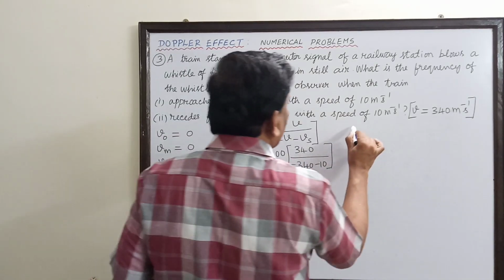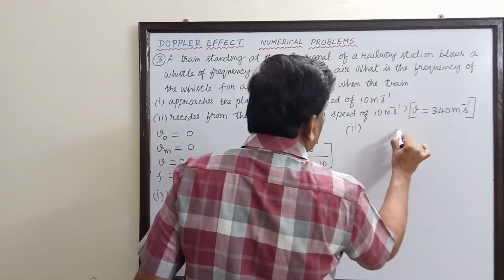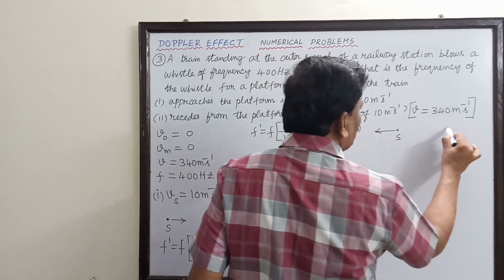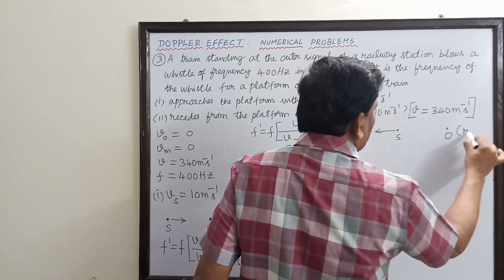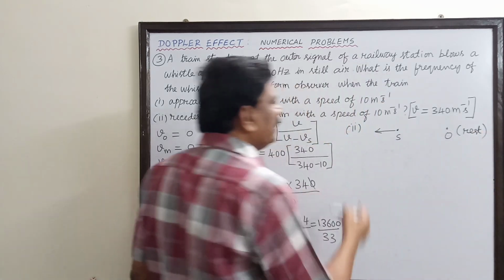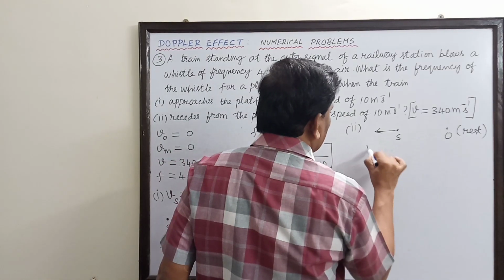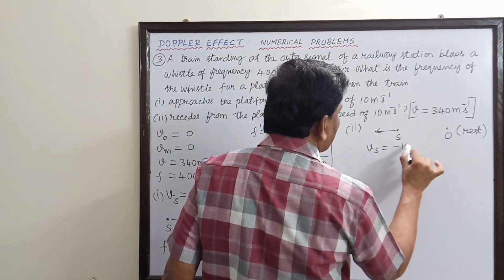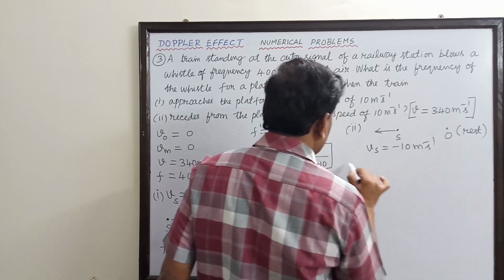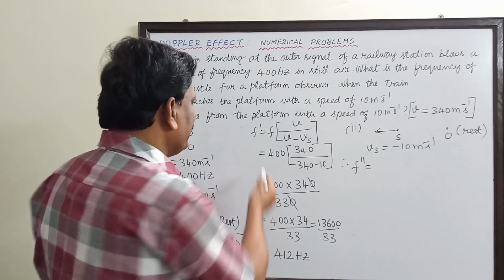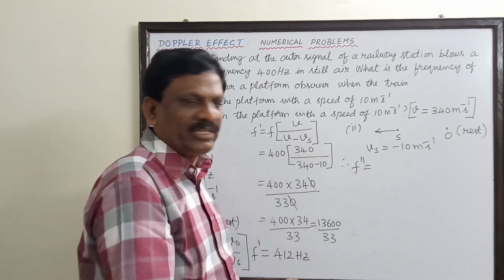Now case 2. In the second case, the source S is receding away from the stationary observer. So in this case now, the velocity of the source Vs is equal to minus 10 meters per second. Therefore f double dash, here f dash I have used, therefore f double dash I am using.